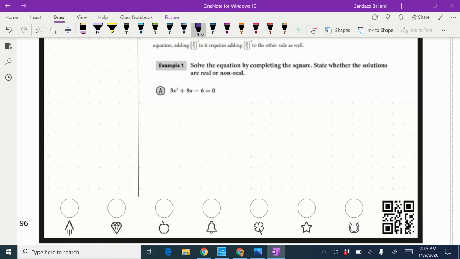All right, so before we start doing completing the square, there's some steps that we typically use when we go through completing the square. So I'm going to write those steps out in the left-hand column here. The first thing we're going to do is divide by the leading coefficient. Remember, that's the number in front of x squared.